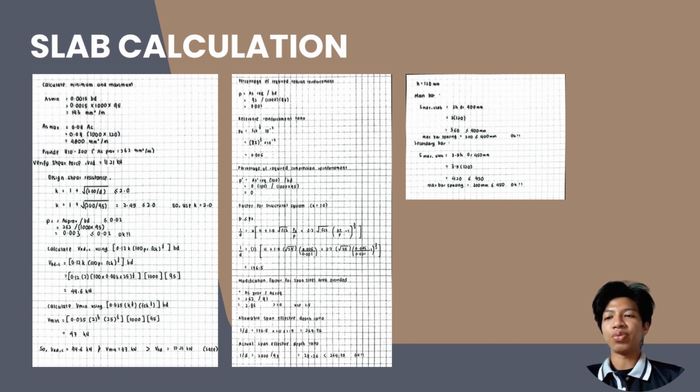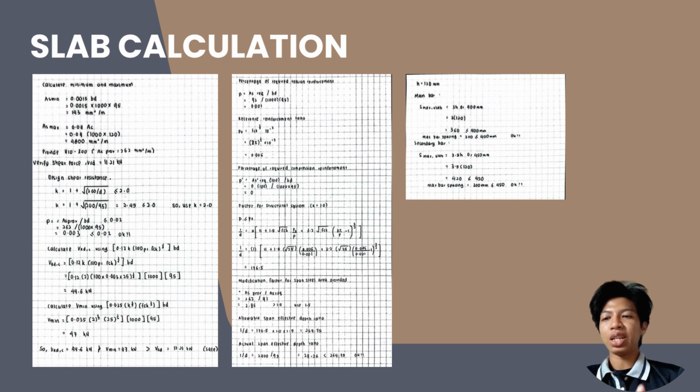Our verified shear force VED equals 11.21 kilonewton. For design shear resistance, K equals 2 because it's larger than 2.45. Our P1 equals AS provided per BD. The value that we got is 0.003, which is smaller than 0.02, so it is fine to use. I will calculate VRD,c using 0.12 K times 100 P1 FCK to the power of 1 per 3 BD.